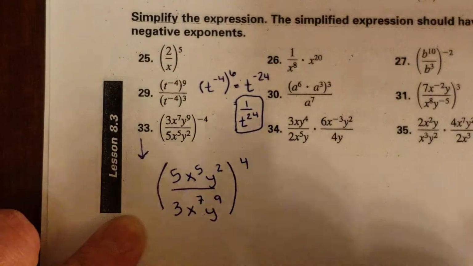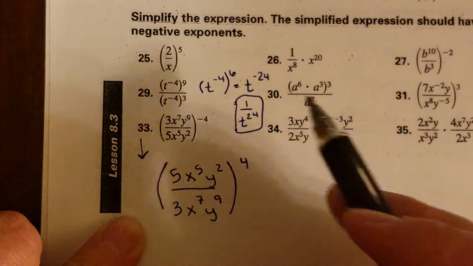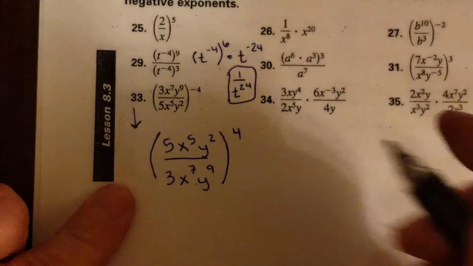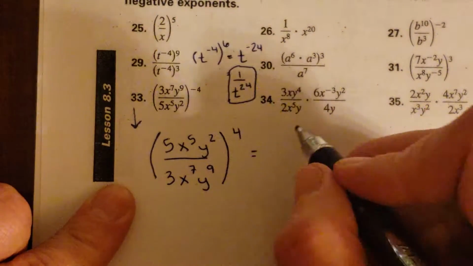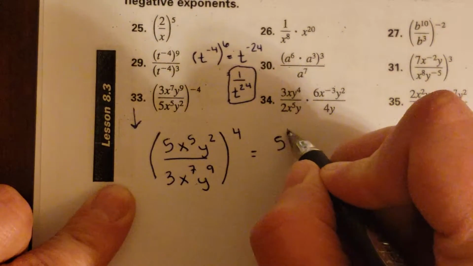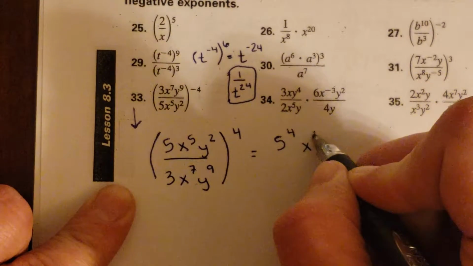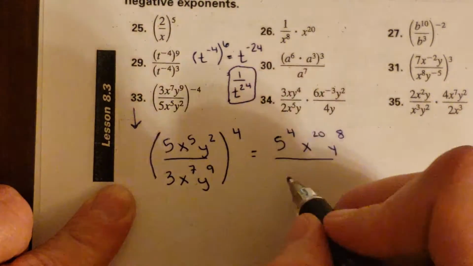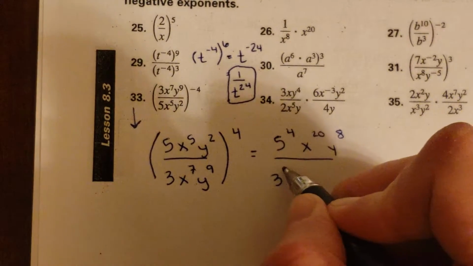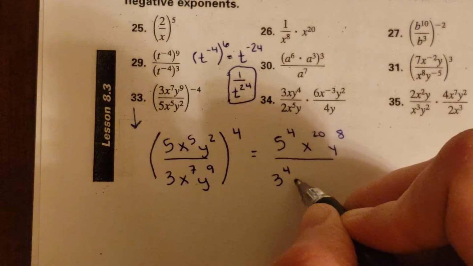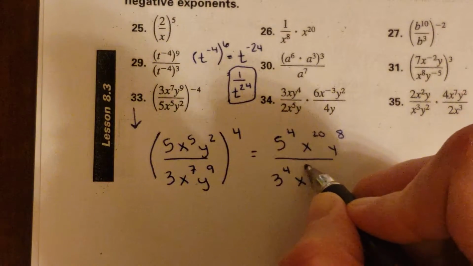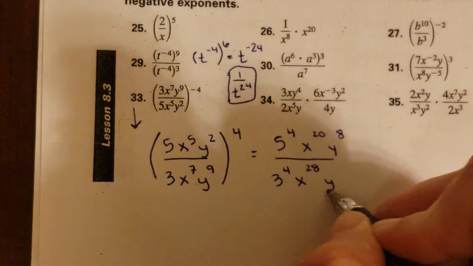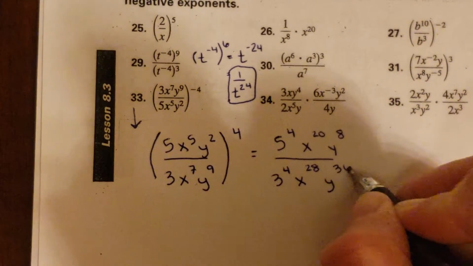So the numerator is in the denominator, the denominator is in the numerator, and the exponent is positive. And now I can apply the exponent: 5 to the 4th, x to the 20th, y to the 8th, over 3 to the 4th, x to the 28th, y to the 36th.